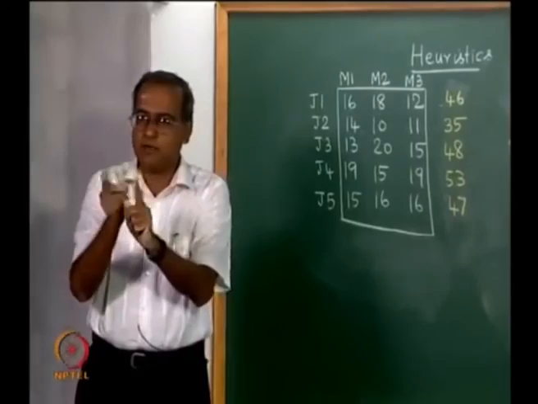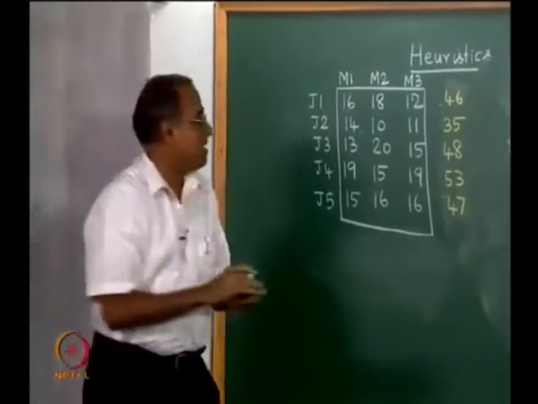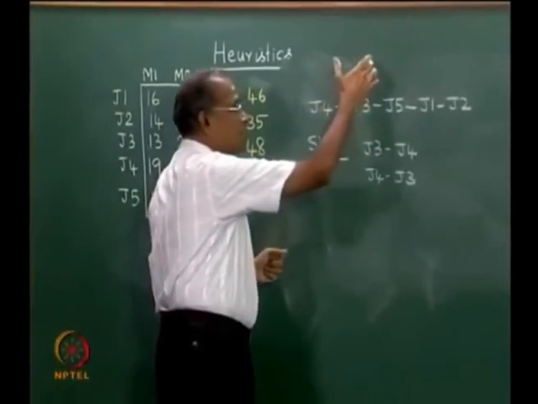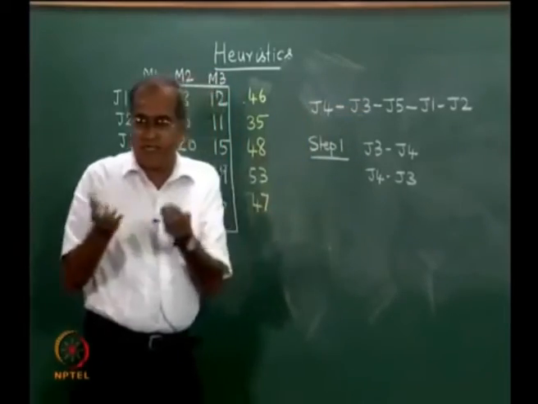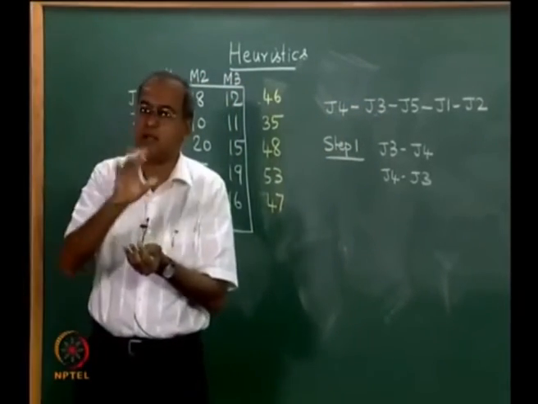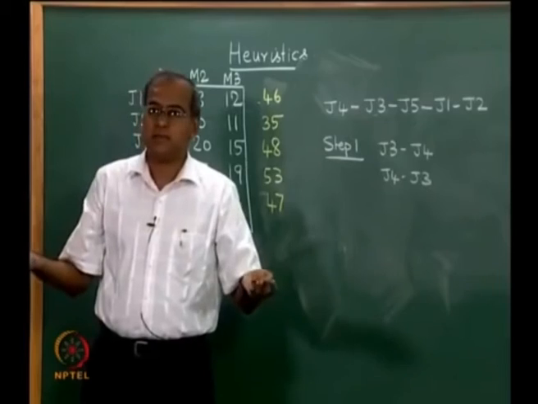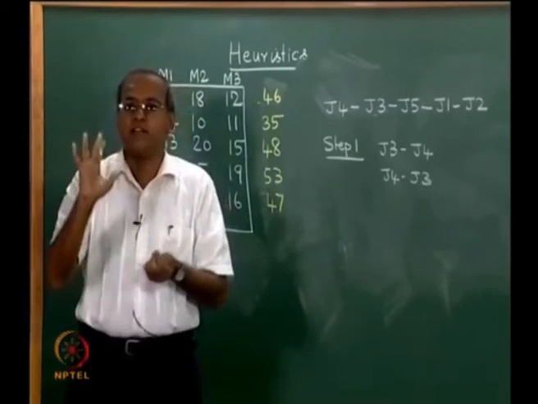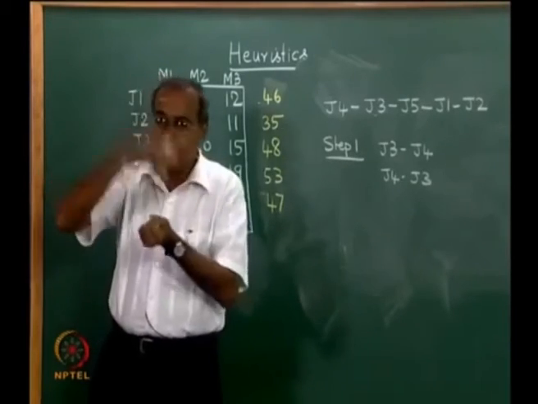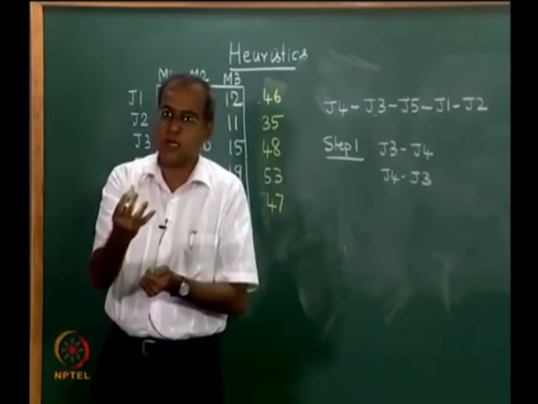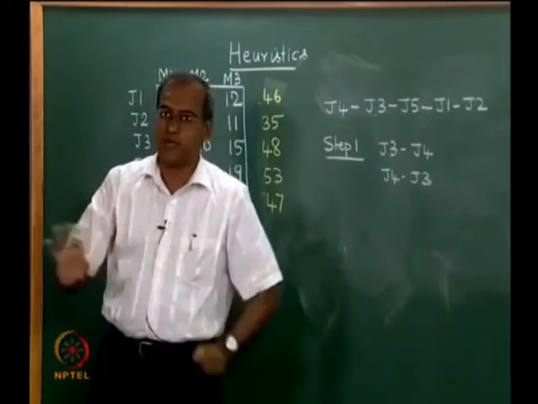When I say take the first two, we are taking J4 and J3, not necessarily in that order, not J3 following J4. So, if we take only J4 and J3, there are 2 jobs and they can be permuted in 2 ways.